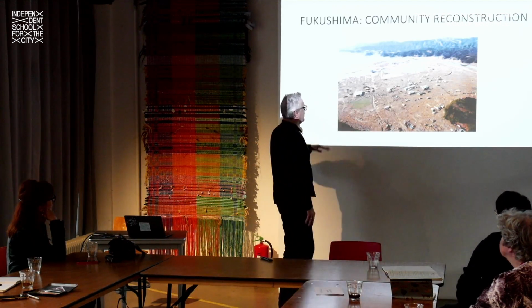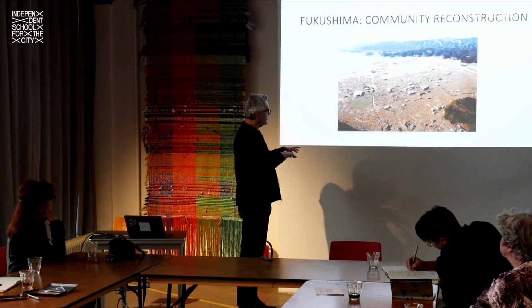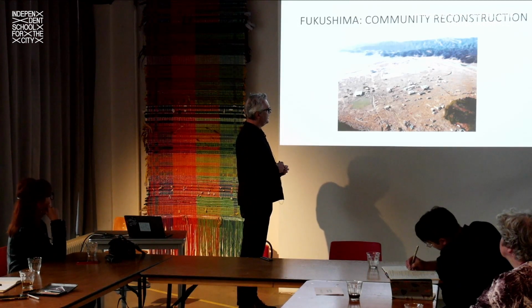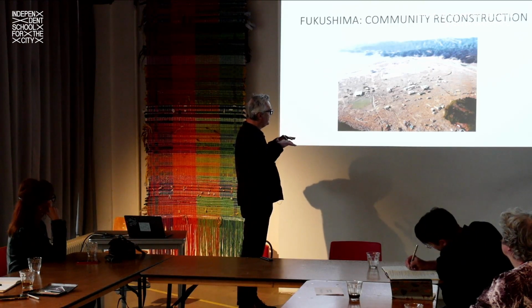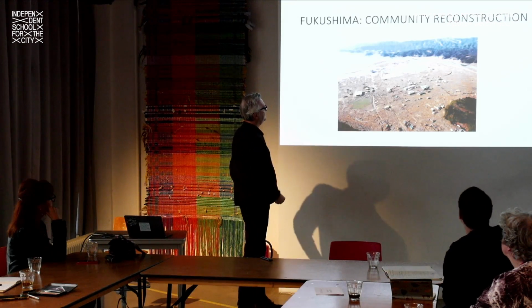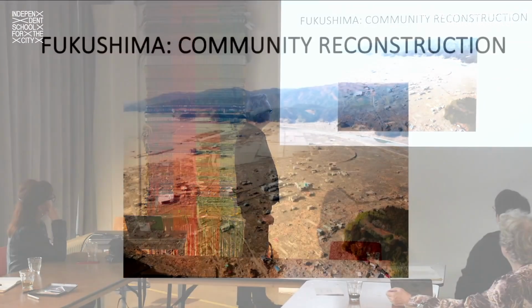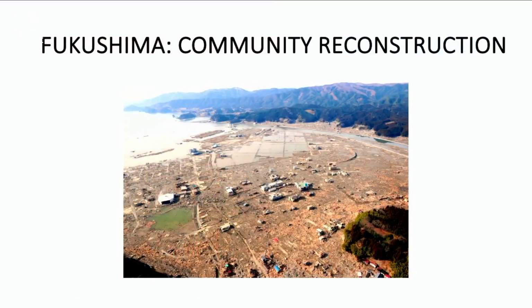Here it's lying on the coast, it was all one-story buildings, nearly all of it, and being completely swept into the sea. As you can see, it looks absolutely crazy, this image.